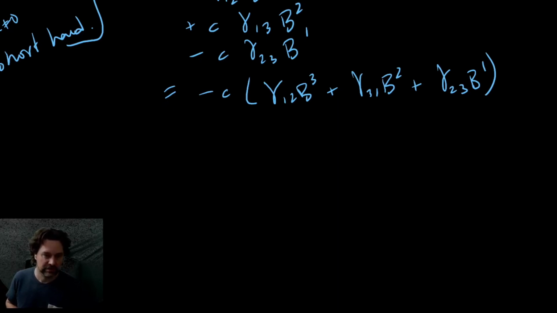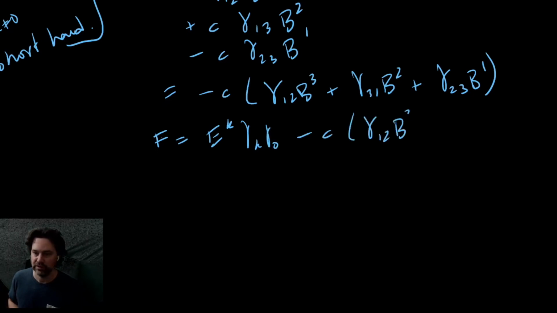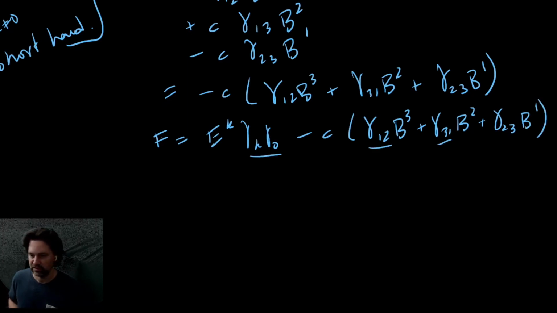So now we have F is E^K gamma^K gamma^0 minus c gamma^12 B^3 plus gamma^31 B^2 plus gamma^23 B^1. So we have bivector, bivector, bivector, bivector. Our electromagnetic field in spacetime algebra is a bivector, and in fact has one of each, has a coordinate for each bivector.